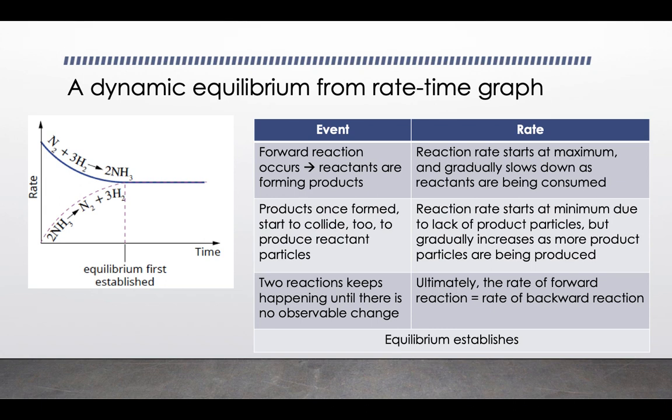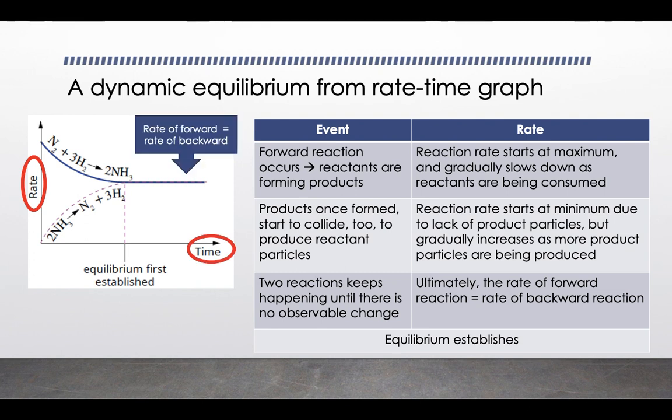So how does this happen? Let's refer to a rate versus time graph. Initially, nitrogen and hydrogen react to form ammonia. The forward reaction happens as reactant particles collide with sufficient energy and correct orientation. The rate of that forward reaction will start at maximum and gradually decline as more reactant particles are turned into products.